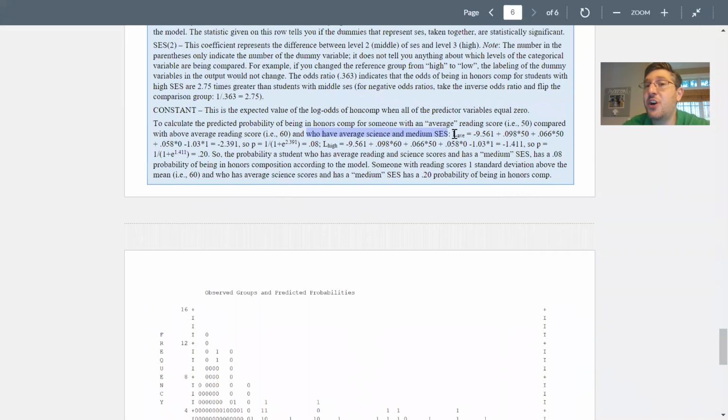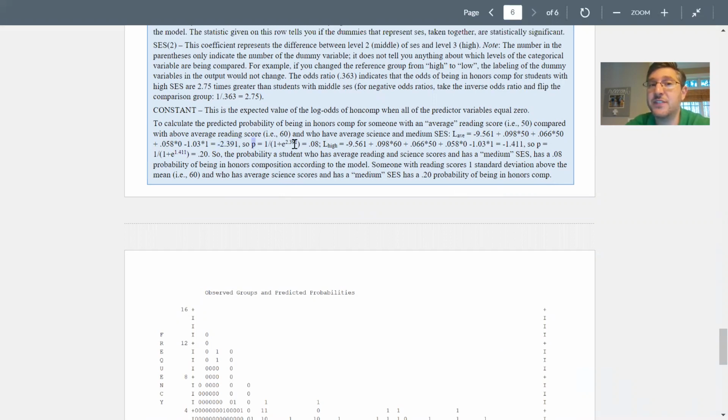And so you would solve the regression equation for that. Someone who has average reading, average science, and who's in the medium SES, so they have 0 in the first one, 1 in the second one. Here's their logit. We then put the logit back in to solve for the predicted probability.